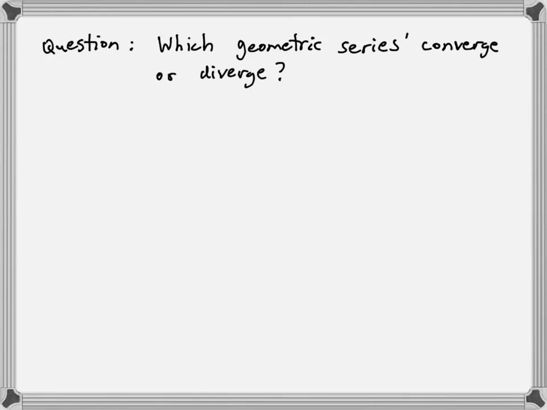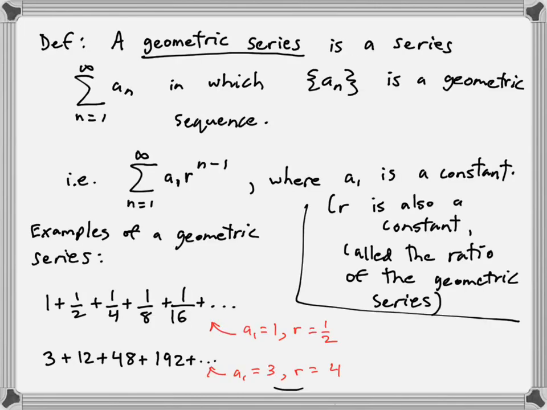If we come back to these two examples, these are very different, because in the first one we're adding smaller and smaller numbers, but here we're adding bigger and bigger numbers. So we already suspect that whether or not these converge has to do with what the ratio is.